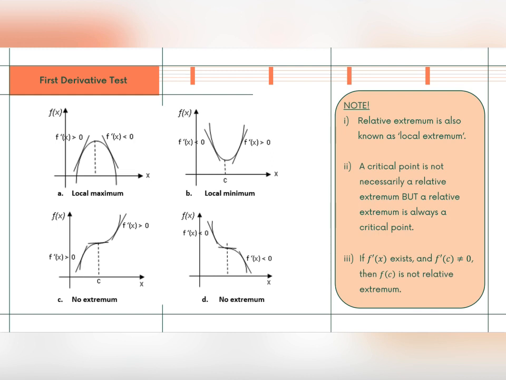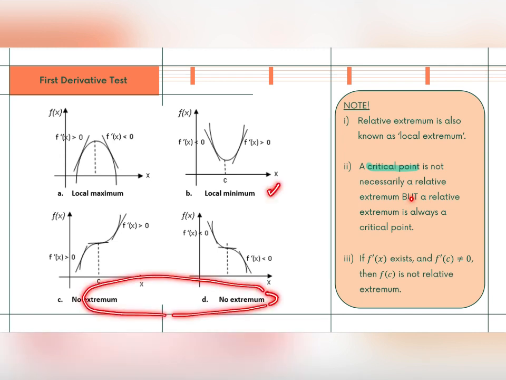So these are the notes that you need to remember. Relative extremum is also known as a local extremum. Okay, ni tadi saya dah explain. And then a critical point is not necessarily a relative extremum. Betul tak? Critical point, it can be local maximum or local minimum ataupun no extremum. Okay?